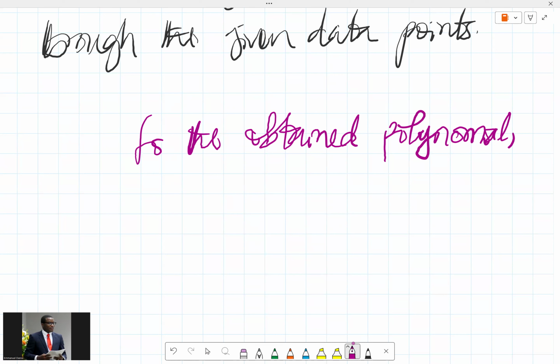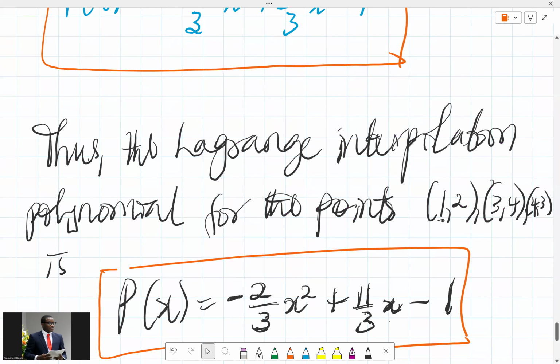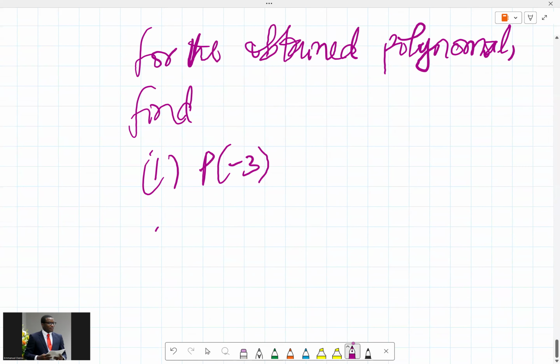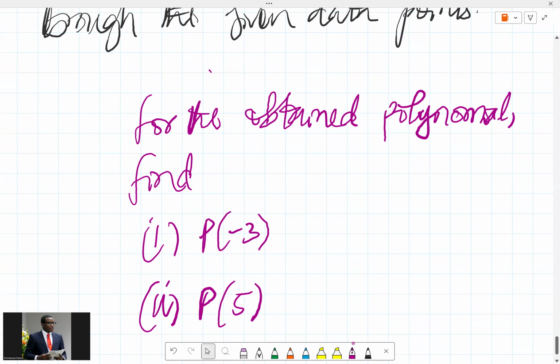For the obtained polynomial, find P of minus 3, that means you just put minus 3, whatever you get, so you can now get other data points, because that's the essence of interpolation. Then find P of 5, and so on and so forth. So you can take that as a practice question.